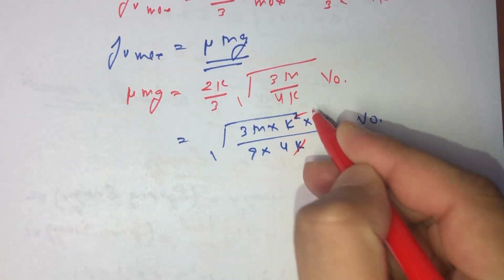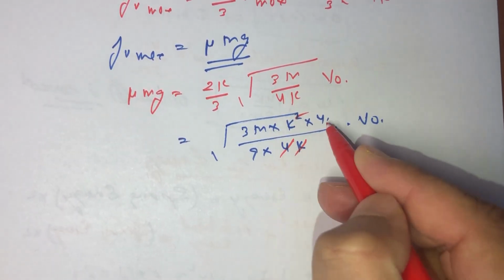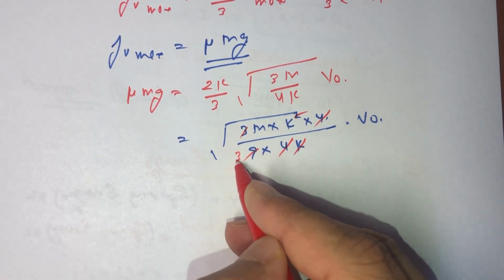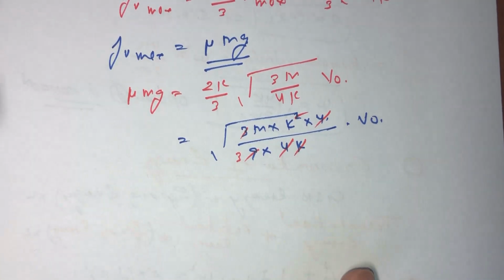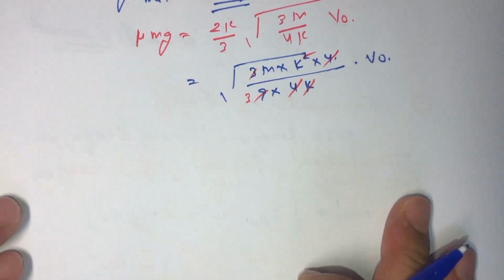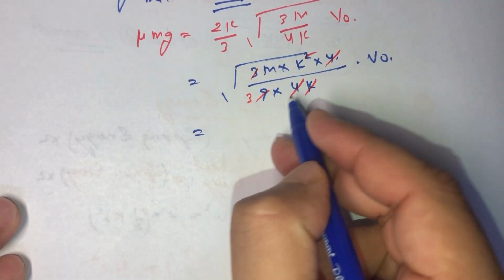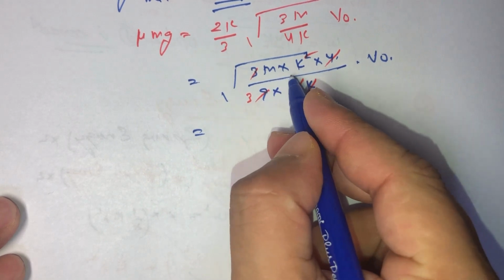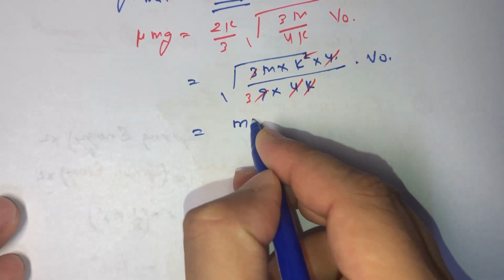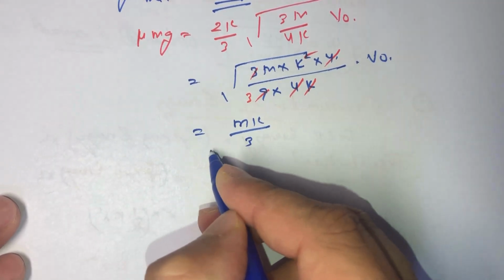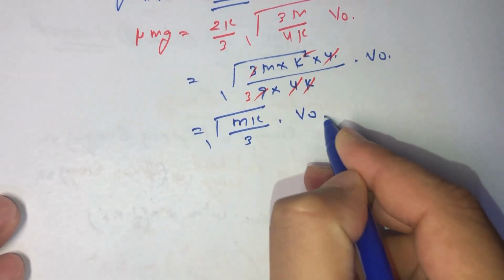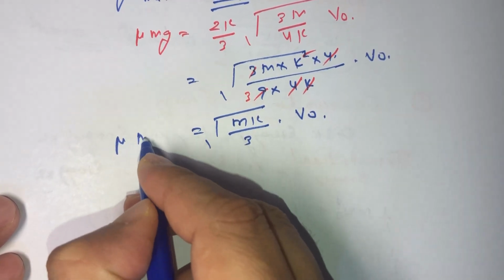This k cancels with this square, 4 cancels with 4, and 3 cancels with this 3. Therefore, we are left with mk divided by 3, and this becomes V naught, and this is equal to mu mg.